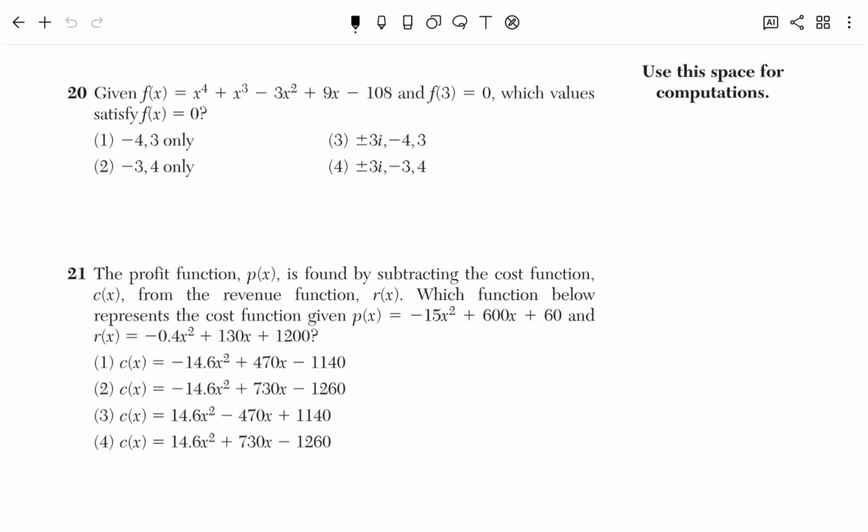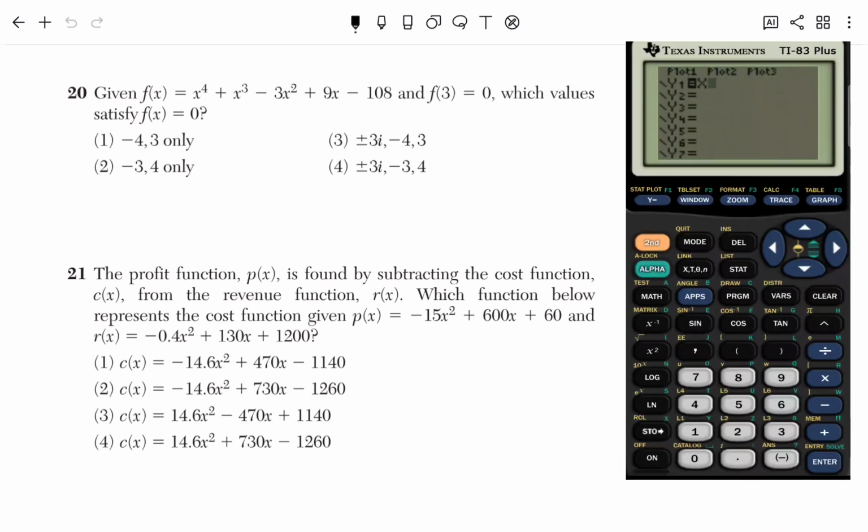You're going to go to y equals, and type in your function: x to the fourth plus x cubed minus 3x squared plus 9x minus 108, and graph it.